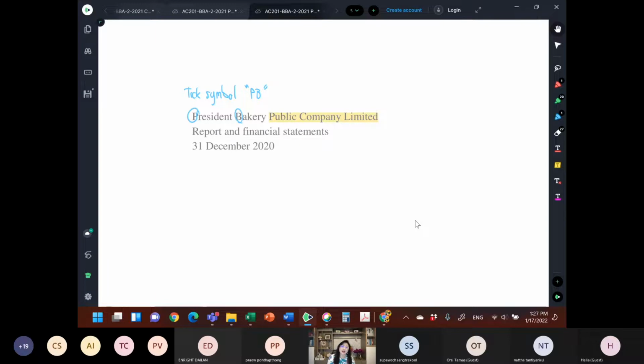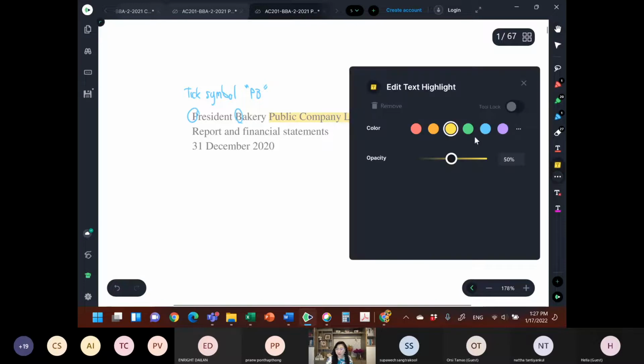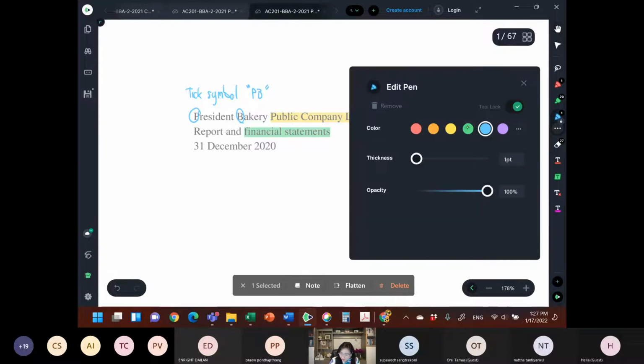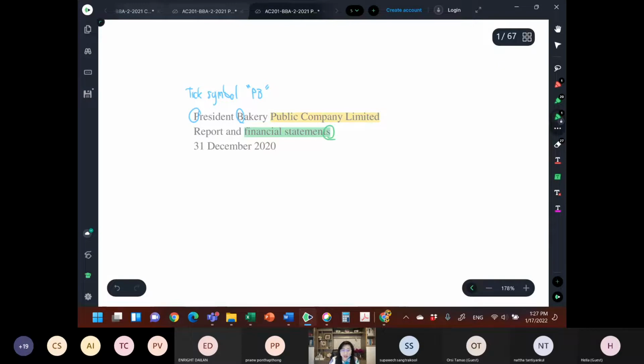Now, let me talk about the financial statements. For the term financial statements, you can see that there's an S at the end, right? Why? The reason is there are a lot of financial statements, not just one, but many of them.